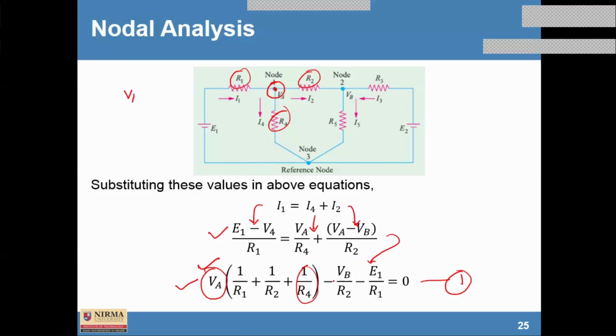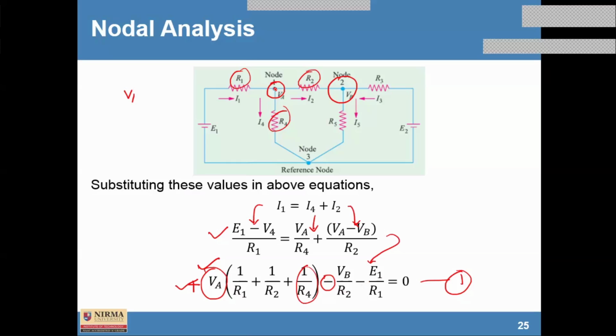Right? Minus VB. So at this node, VB को आपको लेना है माइनस के साथ. फाइन. जैसे ये आपने रेजिस्टेंस का ले लिया. Okay, so for node VA, it could be plus sign, and for the remaining nodes it could be minus sign.